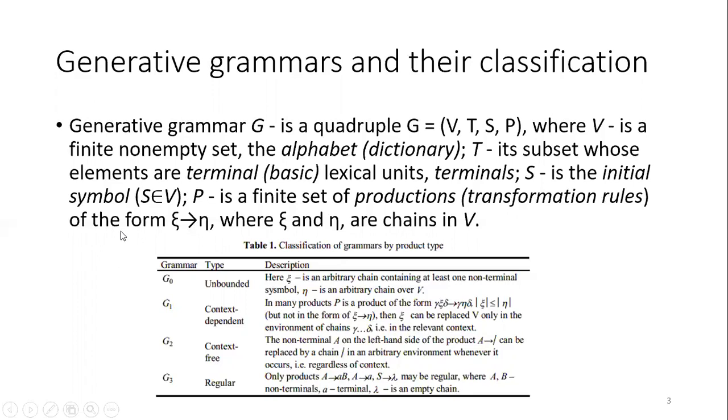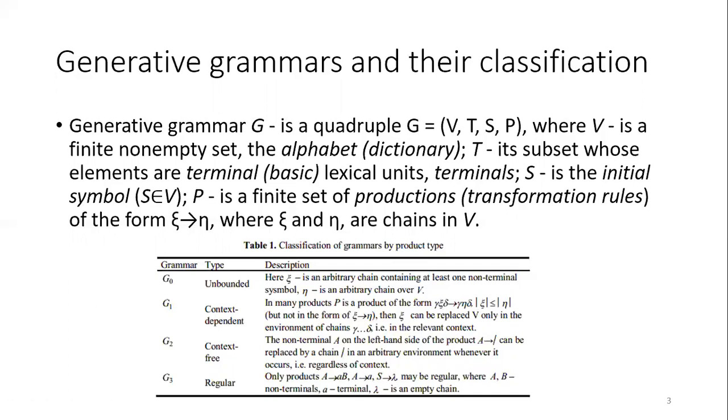In the literature, grammars are classified by production types. G0 is an unbounded grammar without any restrictions or limitations. G1 is context-dependent grammar, where the meaning of a chain of terms depends on the previous terms in the chain.